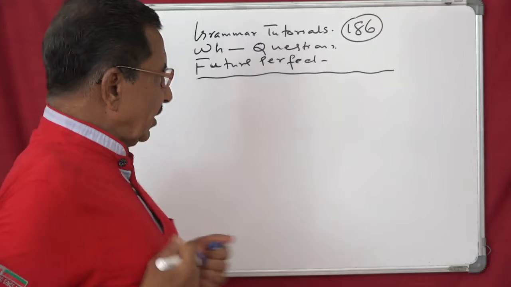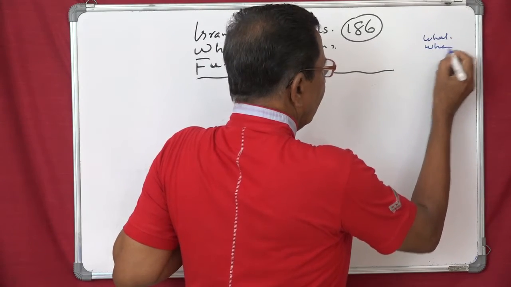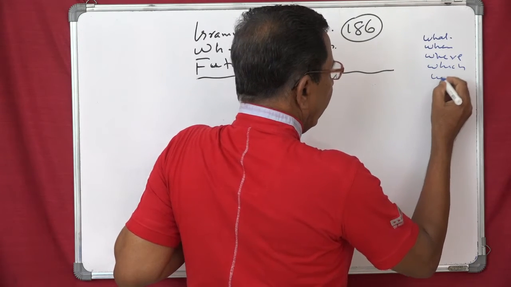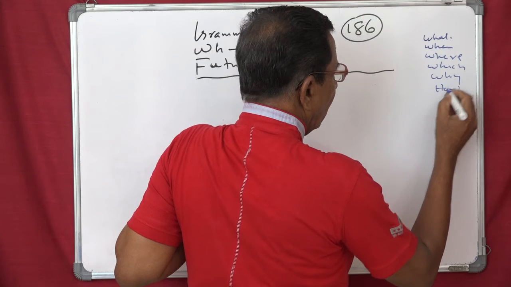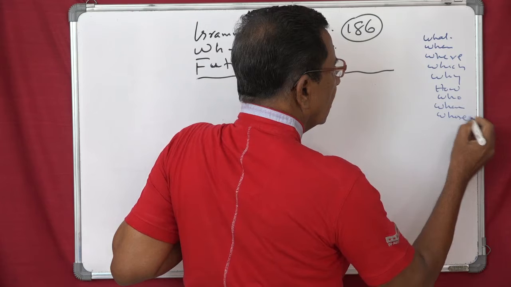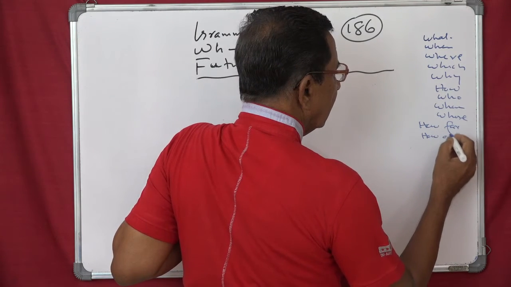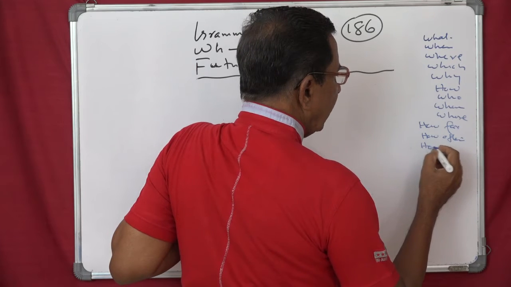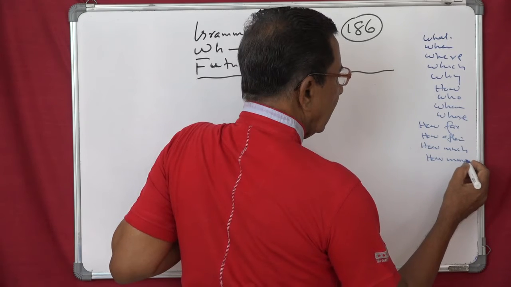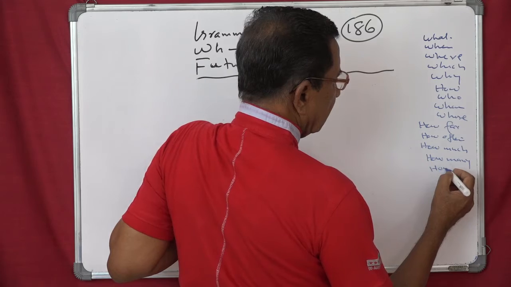All the question words. What are the question words? Remember? What, when, where, which, why, how, who, whom, whose, how far, how often, how much, how many, and how long.